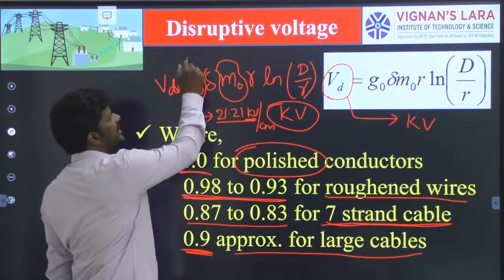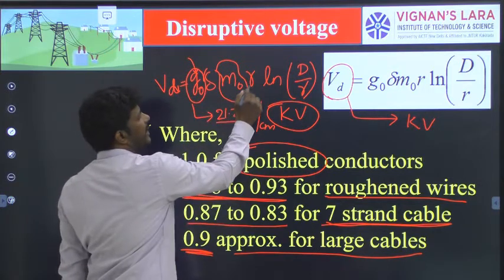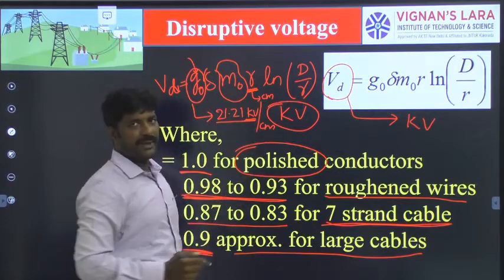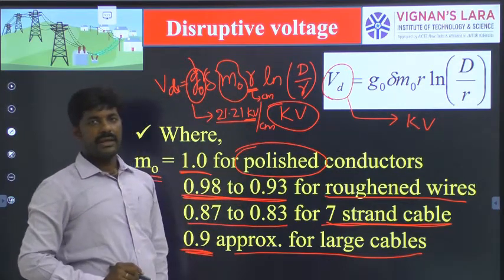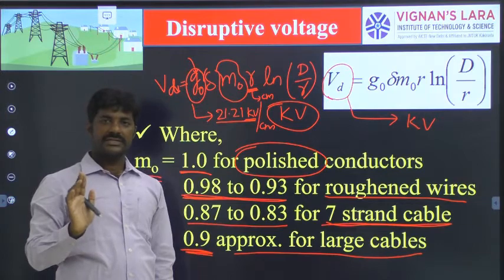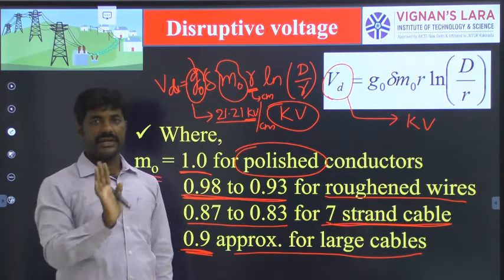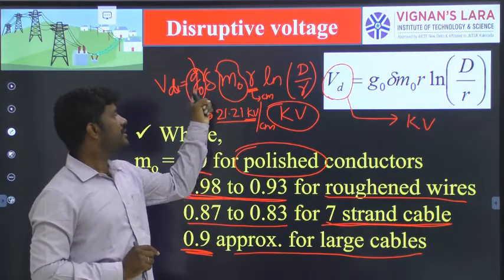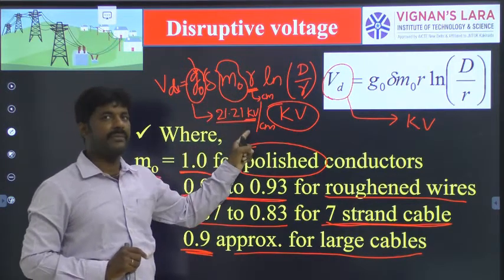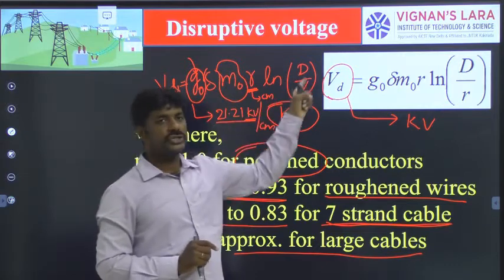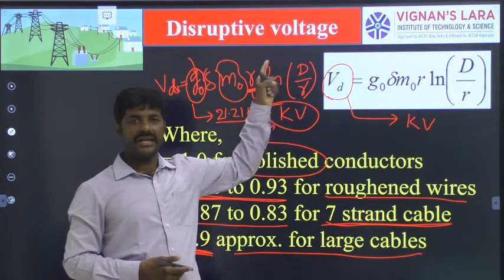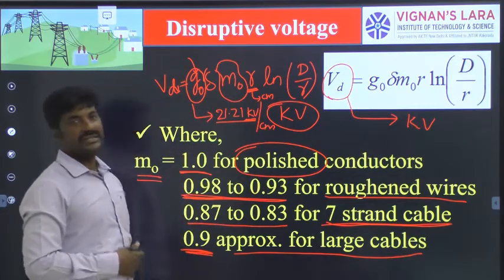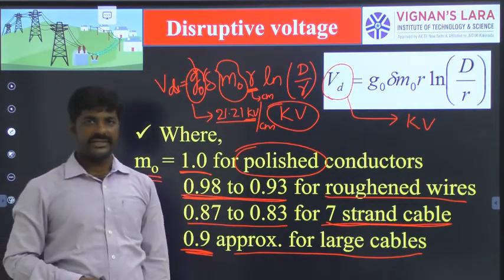Since this G naught is measured in centimeters, the radius R should also be defined in centimeters. Keep it in mind. As our regular practice, we always consider meters, but here it should not be in meters, it should be in centimeters, because the G naught value we took is in centimeters. In the ratio D by r, it is your wish; it can be taken in centimeters or meters. So this is about the disruptive critical voltage calculation.